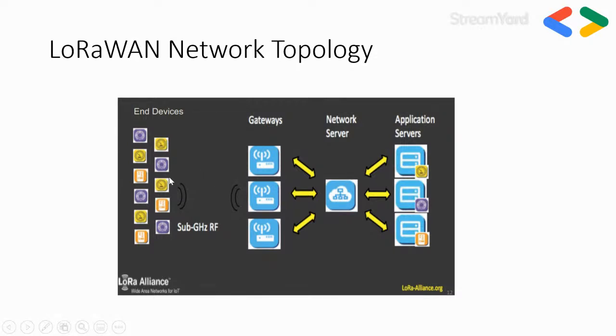For example, the end devices will send their sensory signals via LoRaWAN. So the LoRaWAN operation happens between the end devices and the gateways. Do we have a LoRaWAN connection between the gateway and the end server? No.